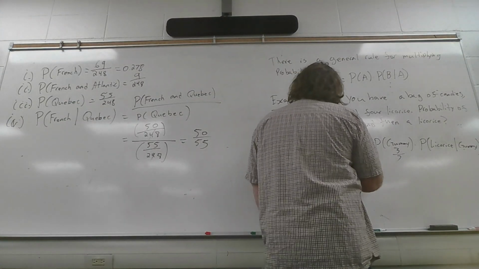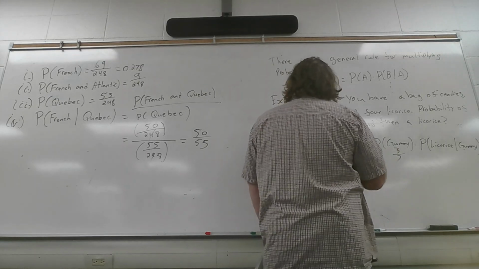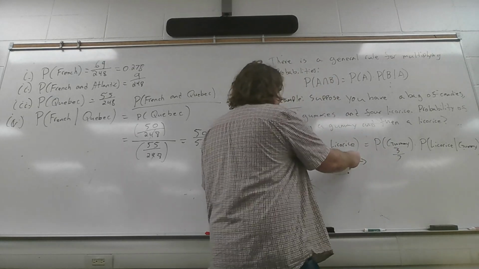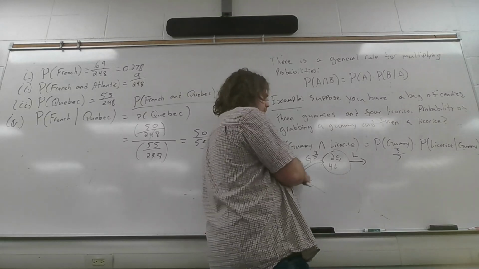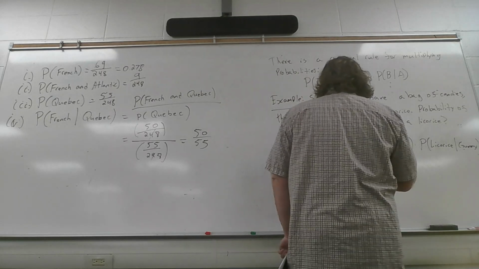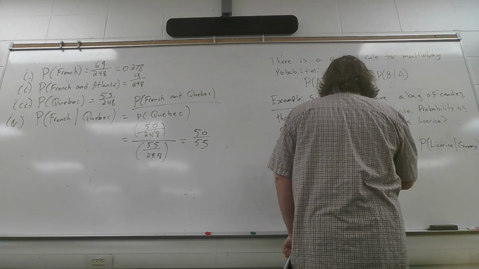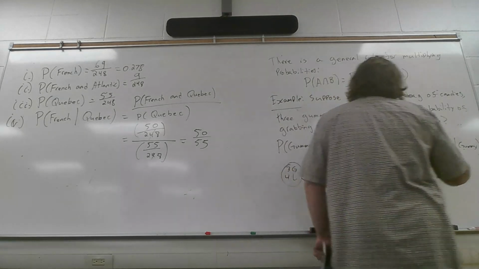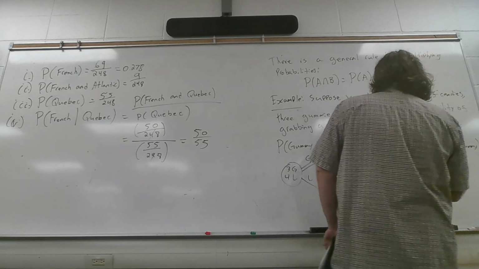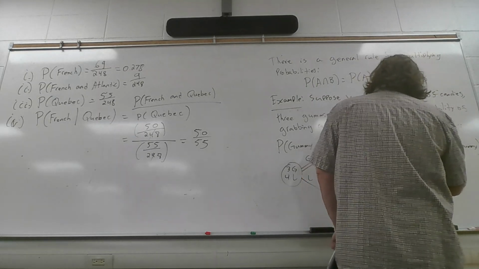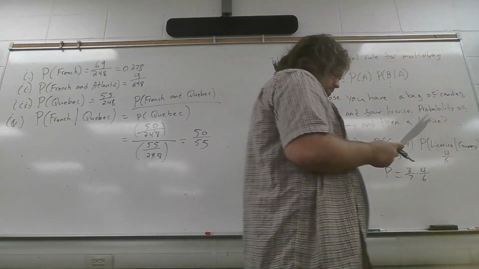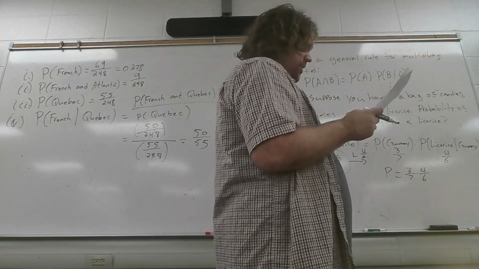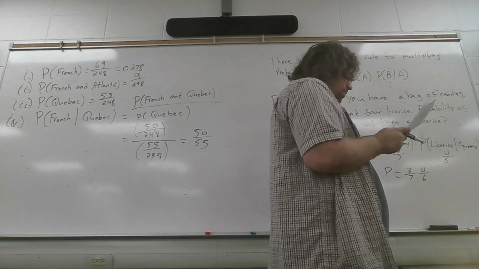Here, this is grabbing a licorice, given that we grabbed a gummy just now, right? So this here is 4 out of 6. So then all told, this probability is 3 over 7 times 4 over 6. Which is whatever it is, right? The actual number doesn't matter that much.